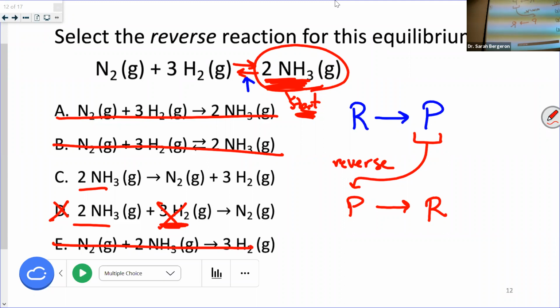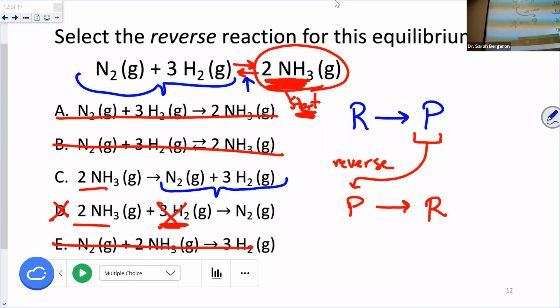Well, that's true. So we have what we start with here, and then we're going to make these as products. And that's the same thing as these. So it's just that you have to understand what equilibrium is. Equilibrium is the exact same reaction, one going in the forward direction, and the other one going in exactly the same opposite direction. That's equilibrium.